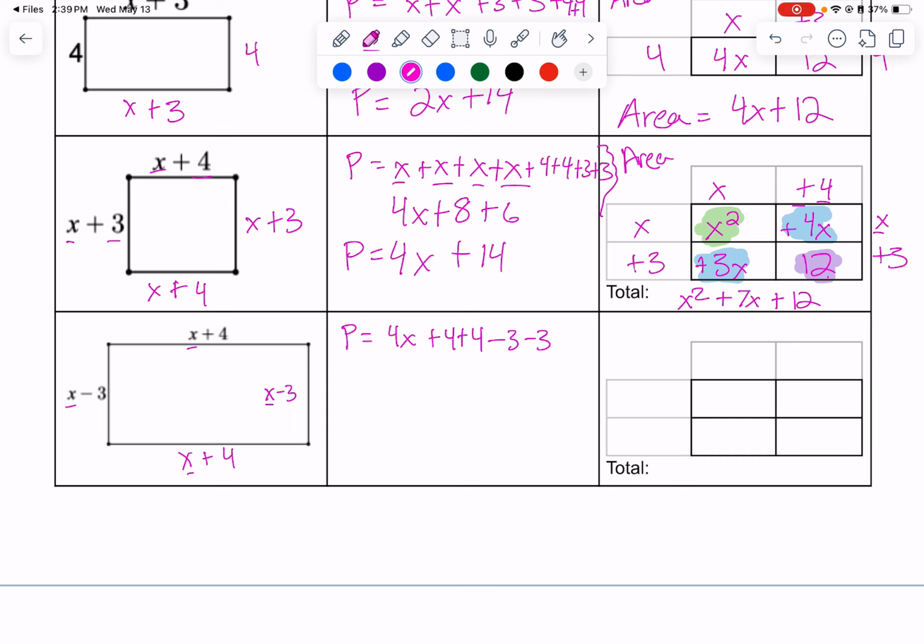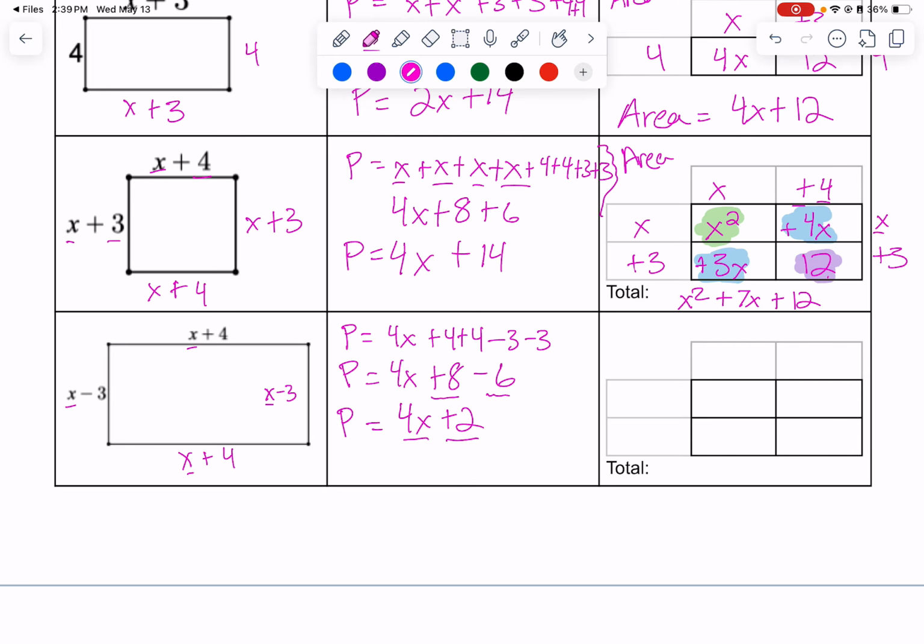Well, the 2 plus 4's become a positive 8. 2 minus 3's become a negative 6. And as I combine like terms again, I can combine the positive 8 and the negative 6 to become positive 2. So that's my perimeter. It would have been 4x plus 2.